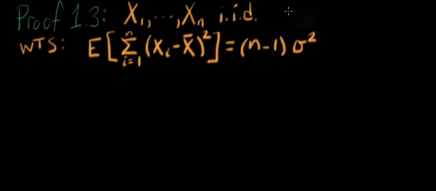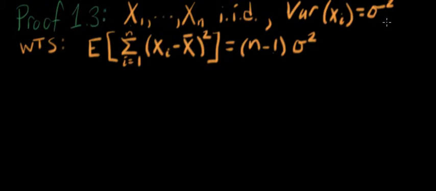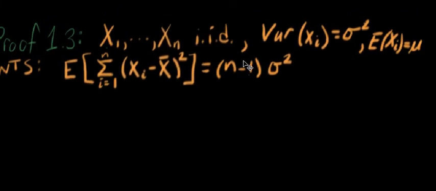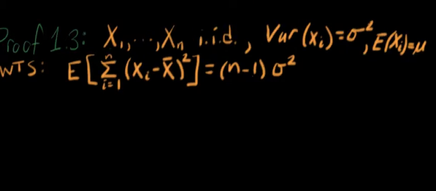So the way that we're writing this is the variance of Xi, that's a big X, even if you can't tell. For all of those, that's sigma squared, and the expected value of each of these Xi's is mu. That is a 2, by the way.